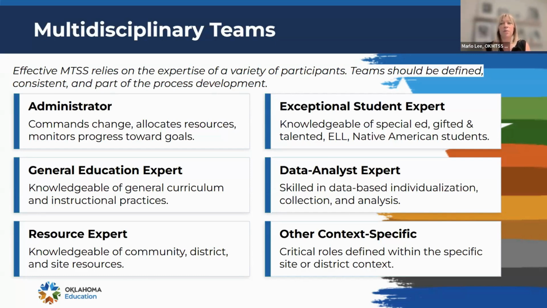Resource experts, so community, district, and site resources, knowledgeable about those things. An exceptional student expert. So, for instance, we had a speech pathologist that was always on the team, a special ed director. They have a wide view of what's going on in that.